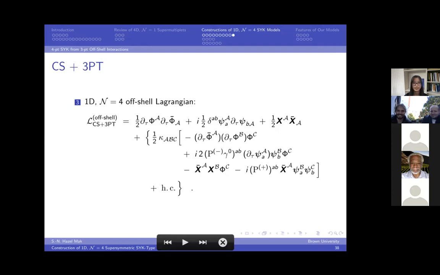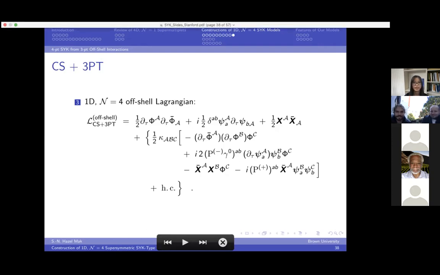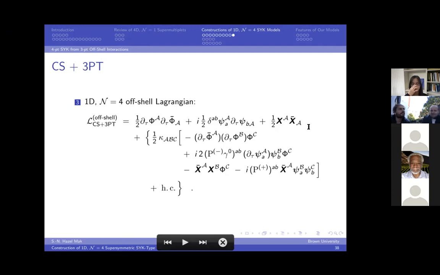But anyhow, this question is actually more... So let me say it this way. Hazel and Youngry and I, that's actually one of the things we're most interested in, is whether it's possible to find a subtle loophole that will allow a system with n=4 supersymmetry and describe an SYK-type model to avoid having dynamical bosons.